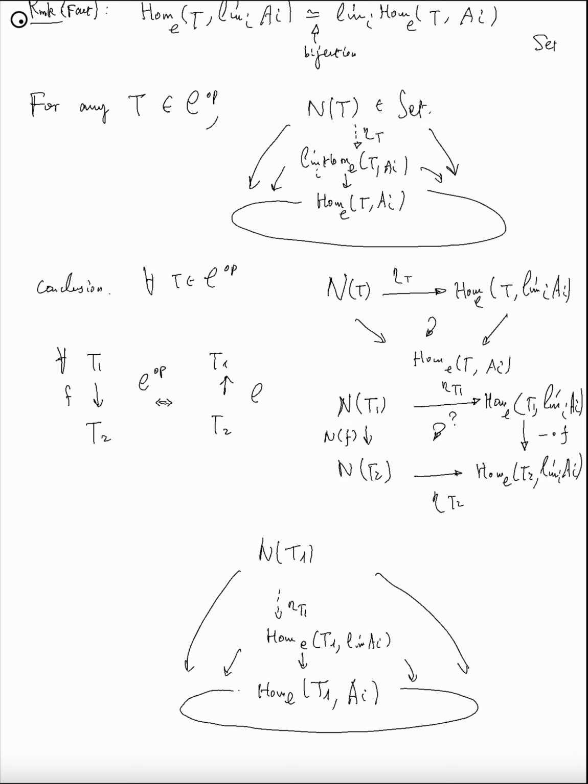The question is, do I still have a commutative diagram? So actually there is this unique, right? The question is, can I put, instead of eta T1, this, let's call it Hom F, actually Hom F lim, just for short. Can I put it there, making the diagram commute with this composition?